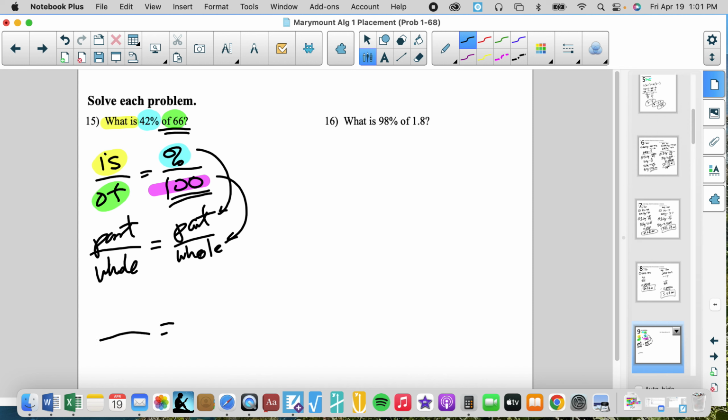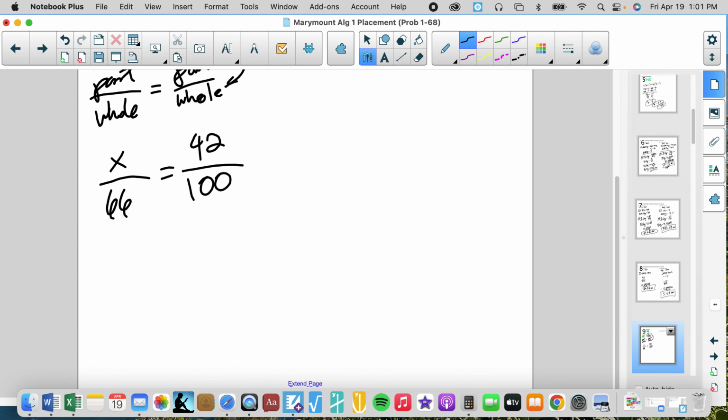So we're going to fill in this template. So the yellow is the unknown. 42 is going to go up here, and of 66. And then we're going to do just cross product. Or we can multiply by 66. I don't know if any of you see that. It's a word problem. This x is being divided by 66. So if we just multiply both sides by 66, and then we can reduce that. So that becomes 33.